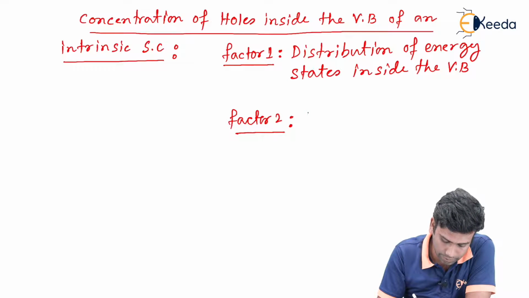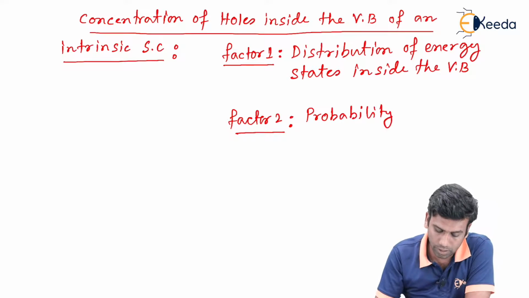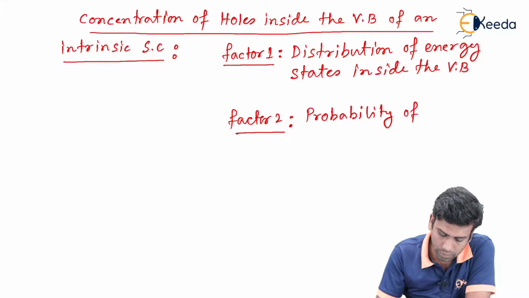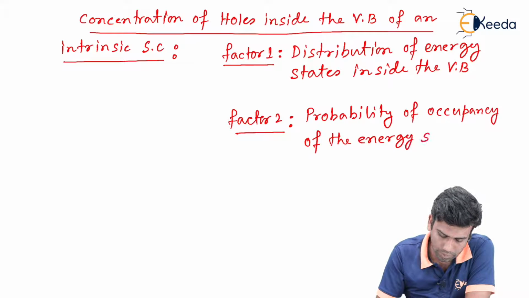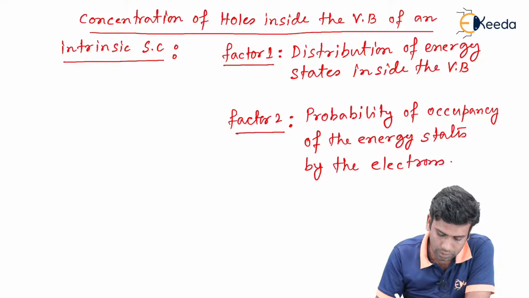That is, the probability of occupancy of the energy states by the electrons.